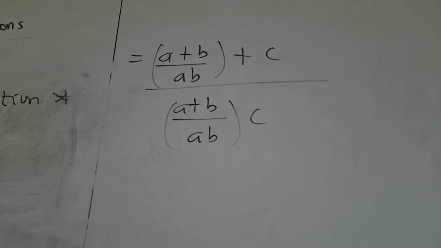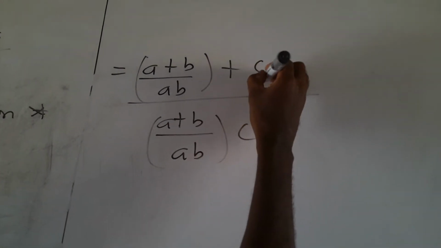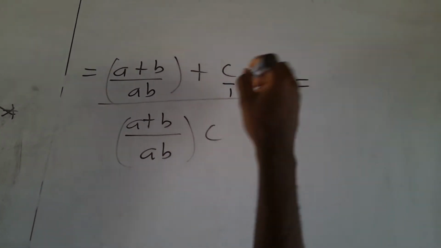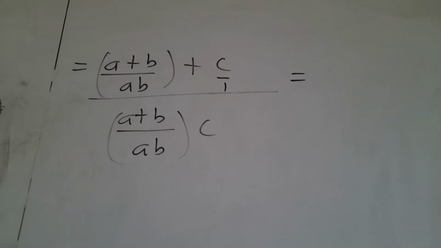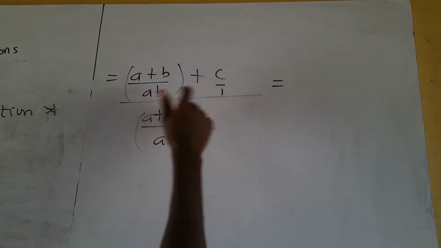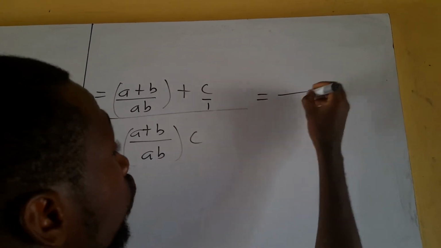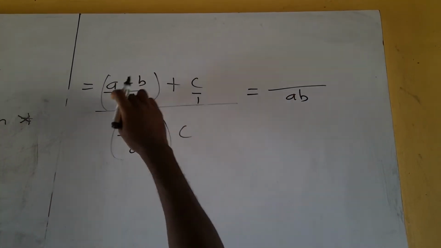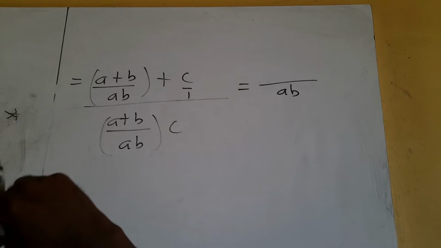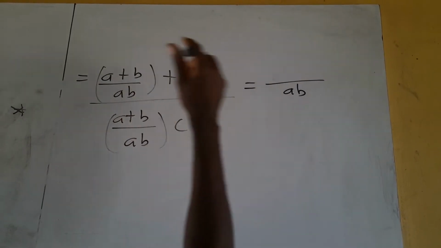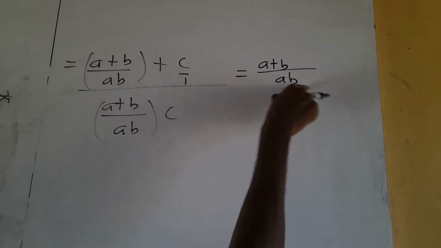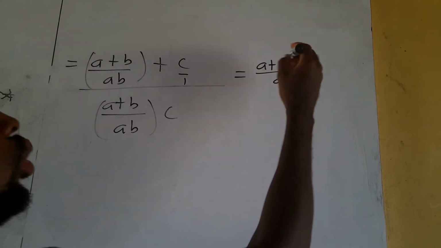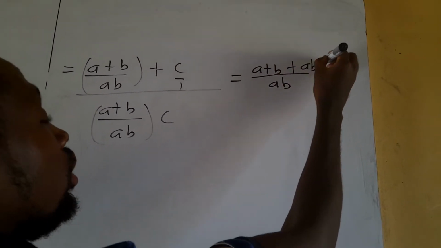So now let's try simplifying this. Remember, this C in the numerator is over 1. So the LCM will be AB. So we have AB there. If this goes there, it will be 1, so times that will be A plus B. Then AB divided by 1 will be AB times C will be ABC.